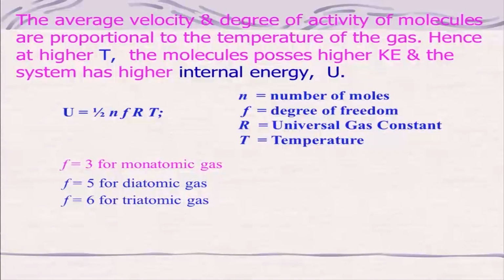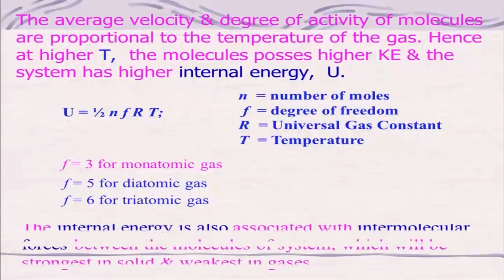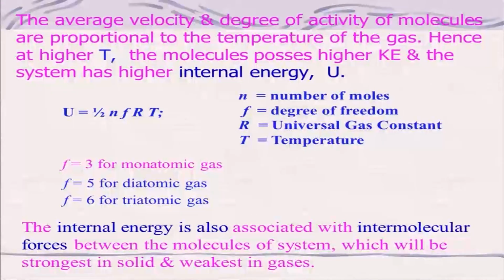For triatomic it is 6, because 2 rotational for the diatomic apart from the 3 translational, and for triatomic it is 3 rotational. We are assuming that the vibrational form of energy is not there, and that will be true only at a moderate temperature, not very high temperature.